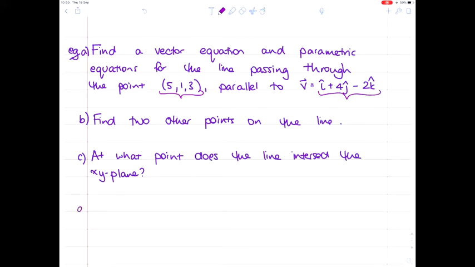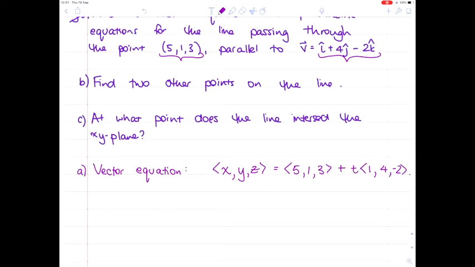So to answer question A, for our vector equation, we know that the points on the line with position vector x, y, z are given by the position of a point on the line, so 5, 1, 3, plus all the possible scalar multiples of the direction vector. And here I'm going to change from using i, j, and k hat to just writing this in component form. So that's going to be 1, 4, minus 2.